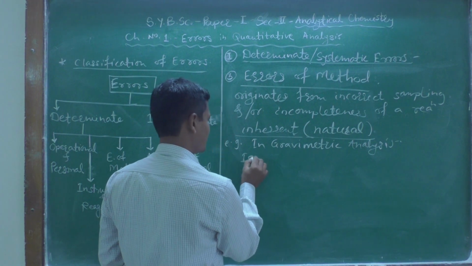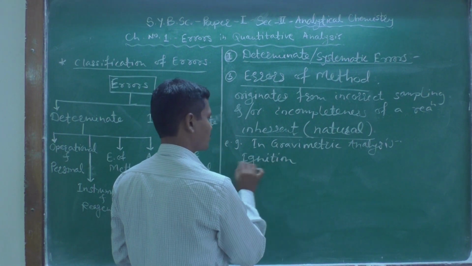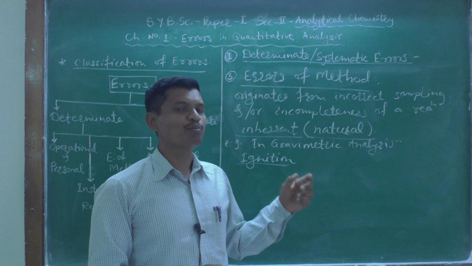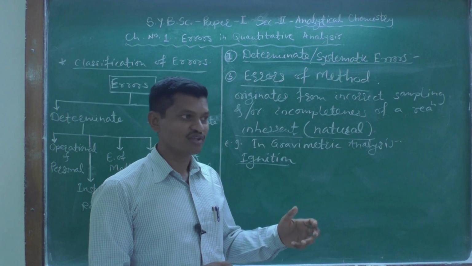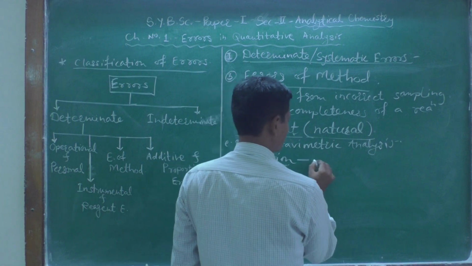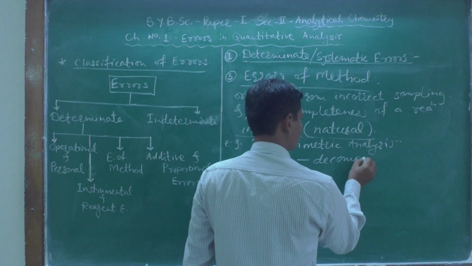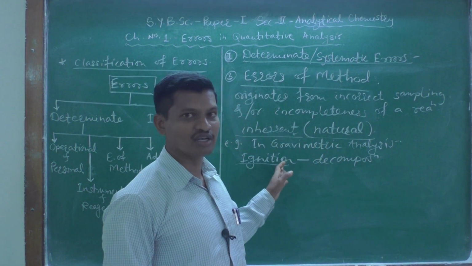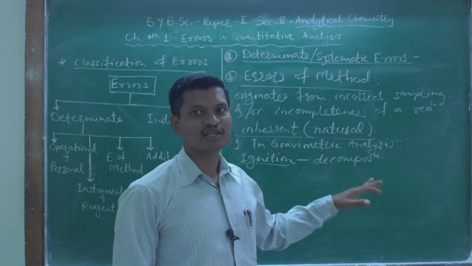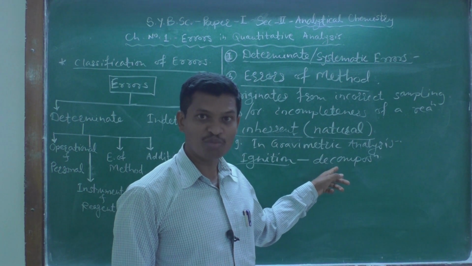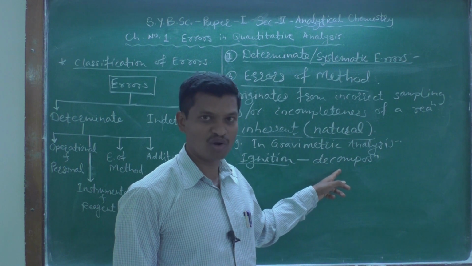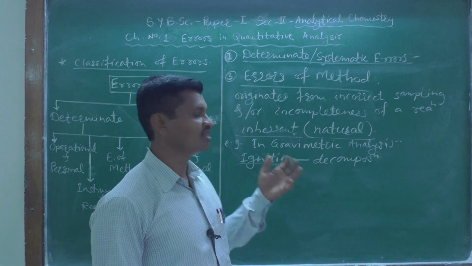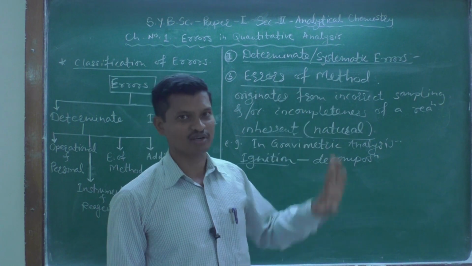Ignition or incineration means by means of a burner we burn that precipitate, and if the precipitate gets decomposed, so the decomposition of the precipitate during ignition should not occur during a gravimetric analysis. Okay, so if decomposition occurs, then the error occurs, and that error is called error of method.